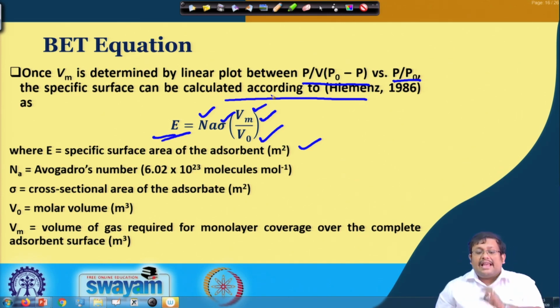So this is how once we calculate Vm we can calculate the specific surface area.